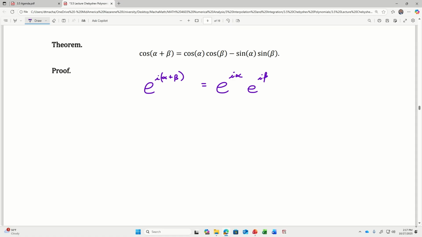So we know that's true. That's just a property of exponents. And then we use Euler's formula. On the left side, Euler's formula is going to give me cosine of alpha plus beta plus i times sine of alpha plus beta.